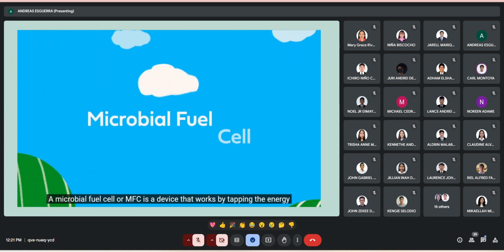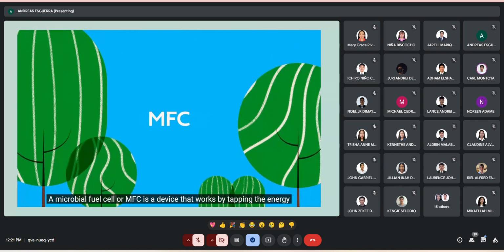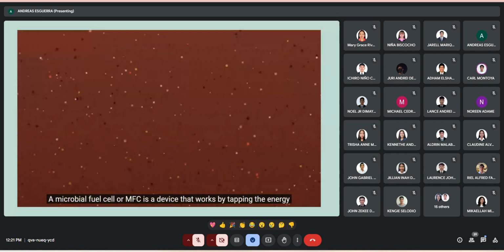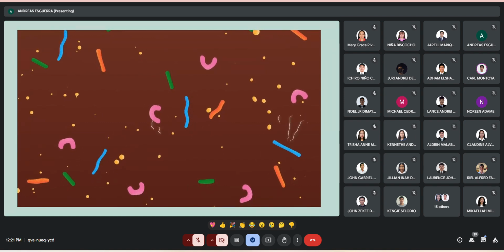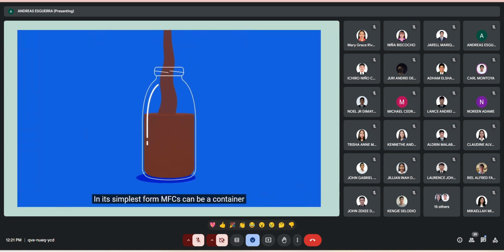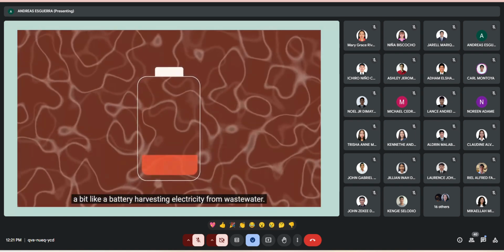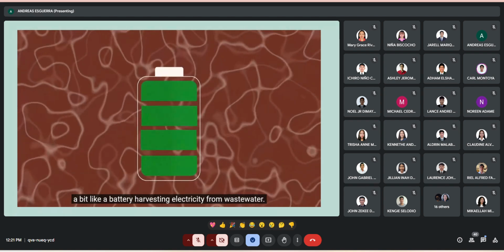A microbial fuel cell, or MFC, is a device that works by tapping the energy that microbes generate as they break down organic matter. In its simplest form, MFCs can be a container with wastewater connected to positive and negative poles hooked up to a circuit board, a bit like a battery harvesting electricity from wastewater.